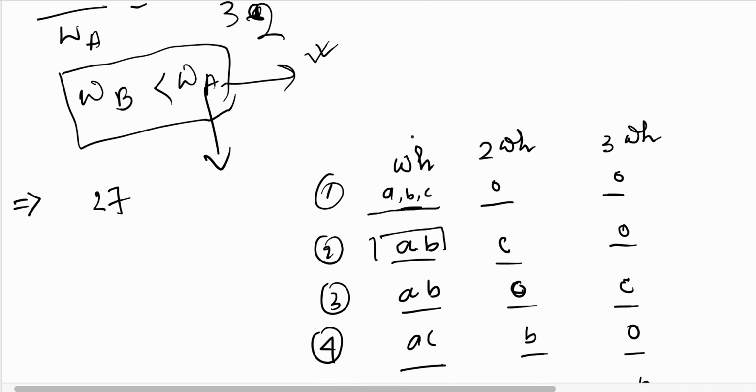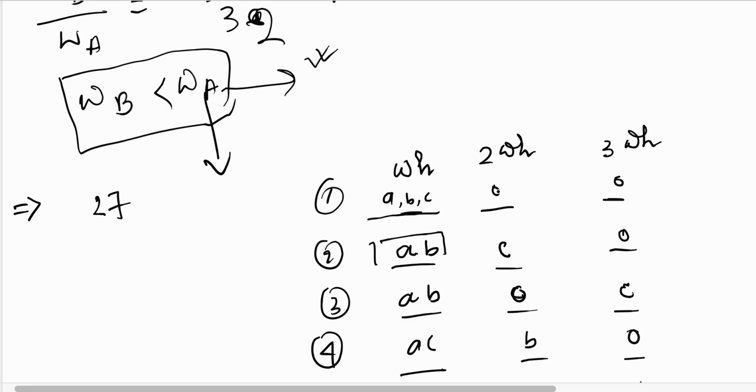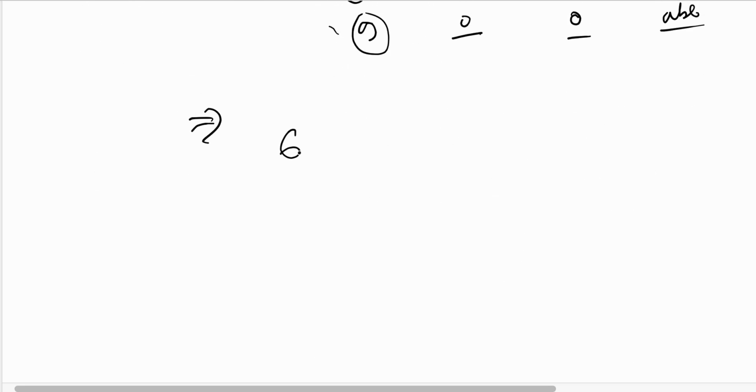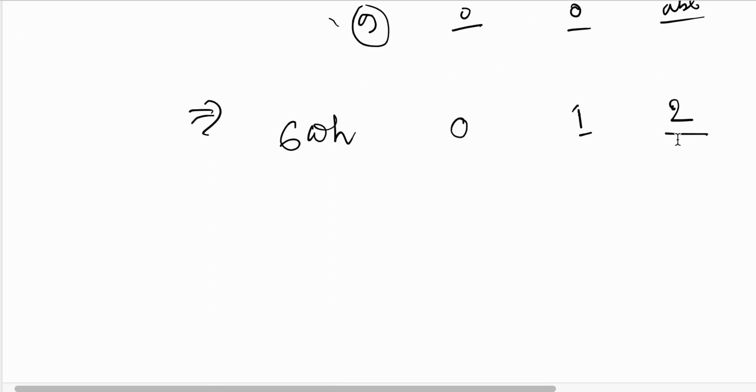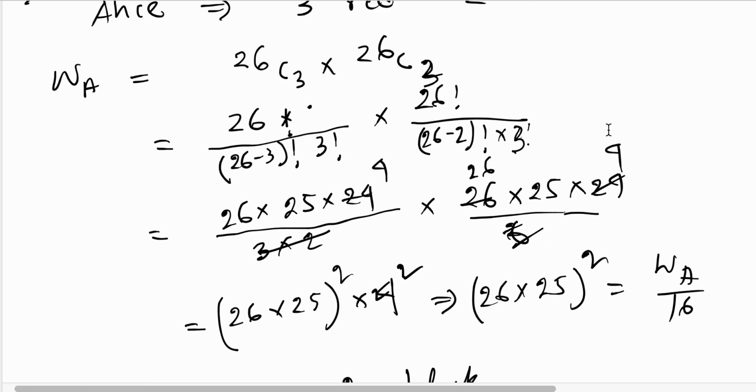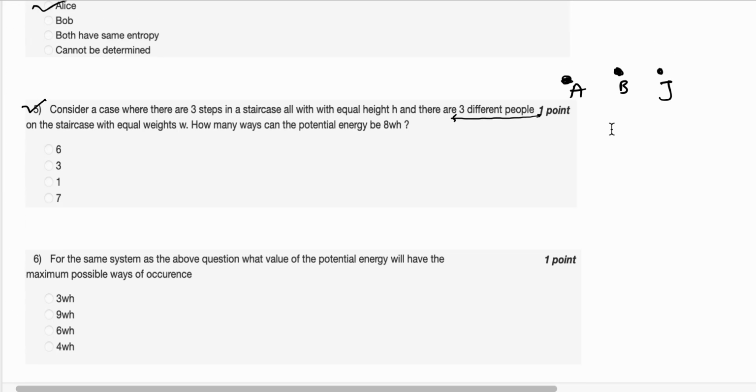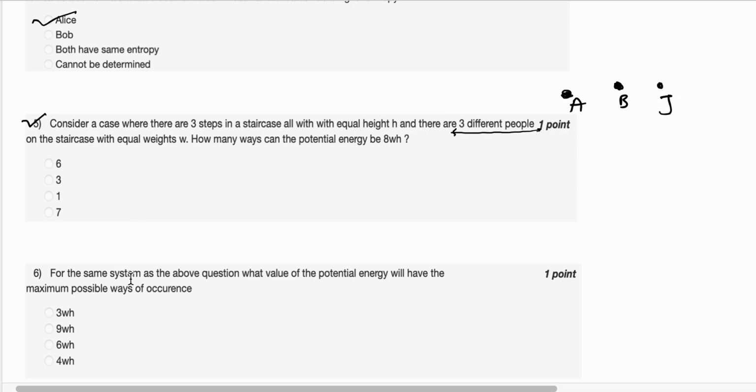Suppose our configuration is 2 people there and 1 person here. So for total energy 6 omega h, I put 0 individuals here, 1 individual here and 2 individuals there. I need 8 omega h, right?